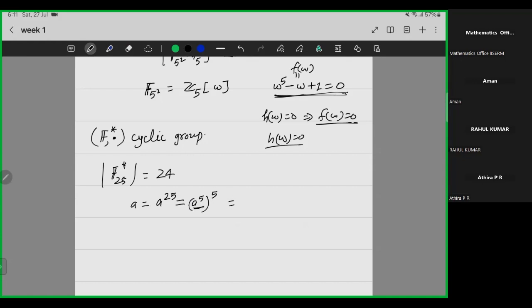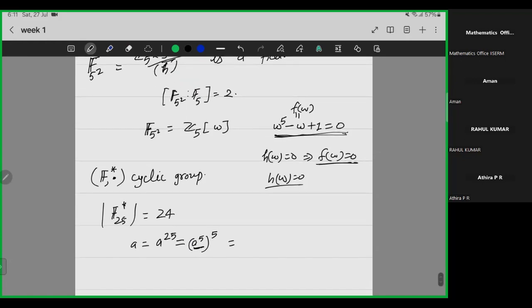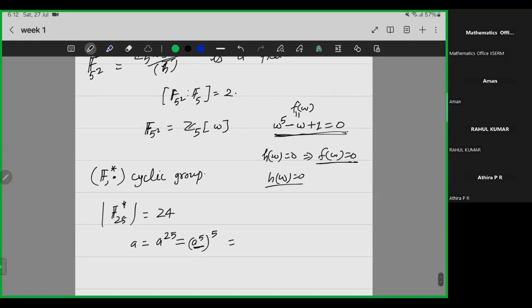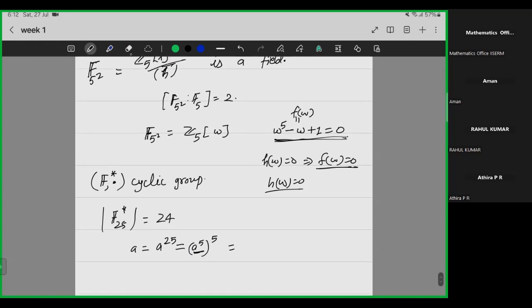Now take just that cyclic element, not a random one. You take omega only, which is generating this bigger field. So omega is the same as omega power 25. This omega power 25 can be written, from this identity, as (omega minus 1) power 5.